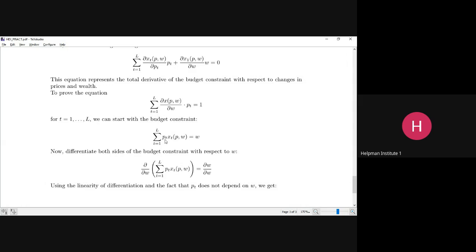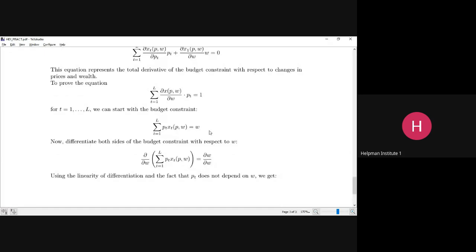Walras' law says that the product of price and the commodity is equal to wealth. Then all we just need to do is to differentiate this equation with respect to wealth. Remember, in the first equation we differentiated with respect to price; in this equation now, we are differentiating with respect to wealth.